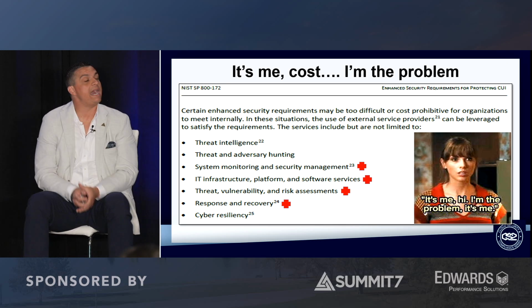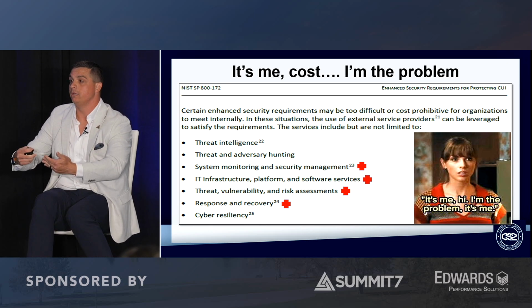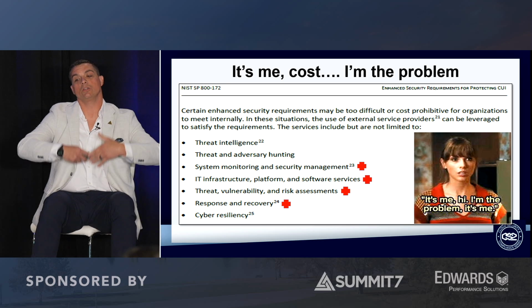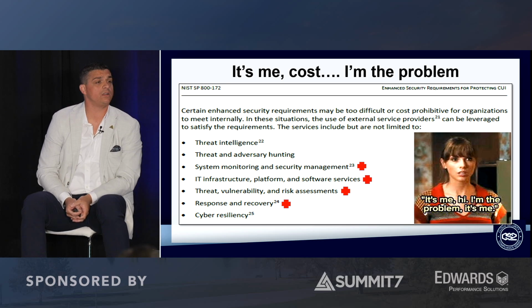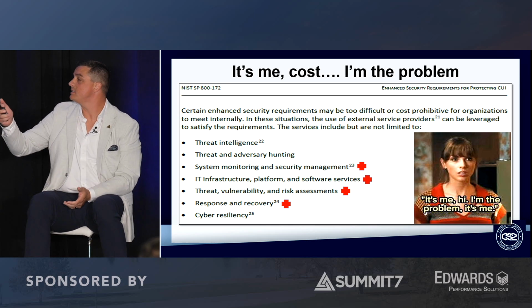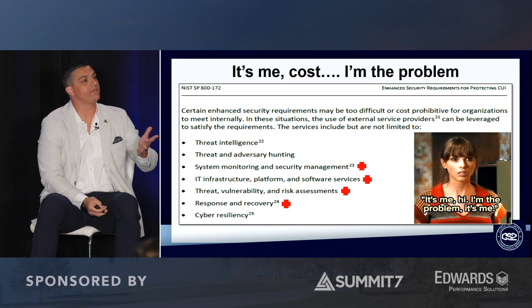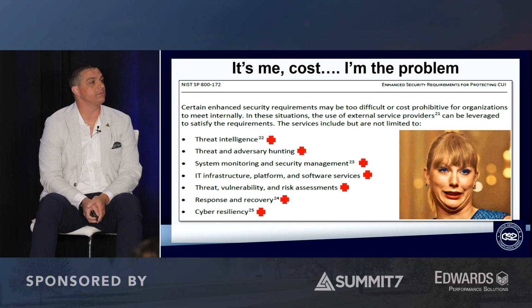These are things highlighted right here that are in 171 that you would already be performing, that if you thought about it initially, you're going to perform again, right? But the 172 requirements, or the enhancements, tell us you should hire the pros. You should have a 24/7 SOC. You should have a cybersecurity incident response team. And then when you get those, anyone worth their weight in gold is probably going to do what? All those things that we're missing.